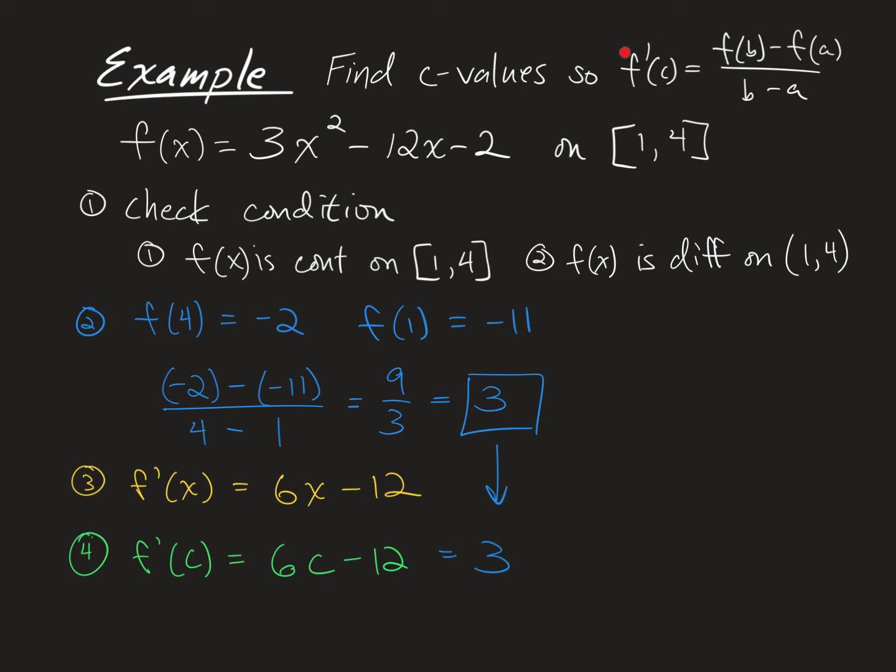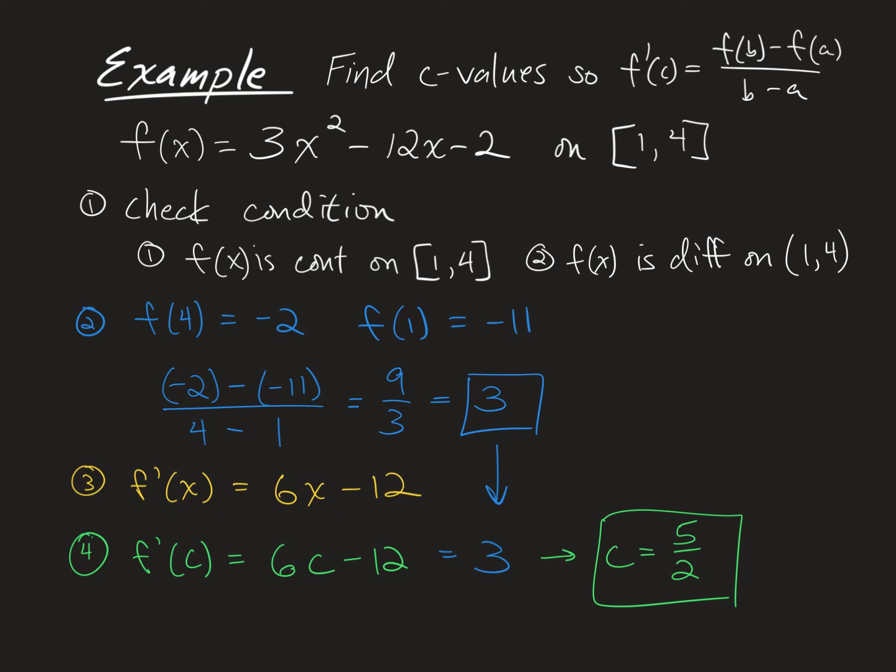F prime of c equals the slope of the endpoints of our interval, which we found right here. Then we just have to solve for c, and if you add 12 and divide by 6, you'll see that c equals 2.5, or 5 over 2 if you want to leave it as a fraction.